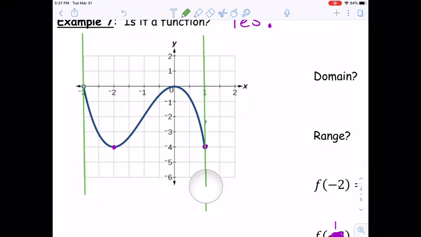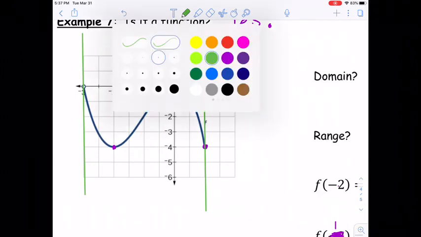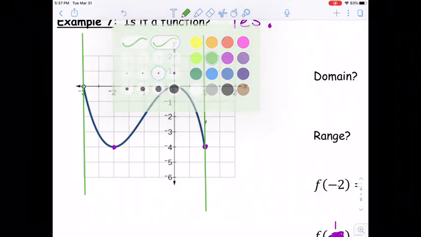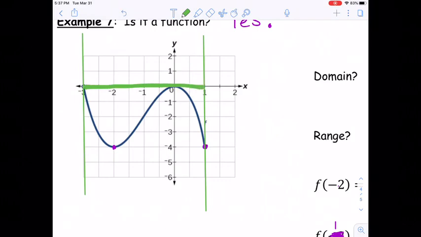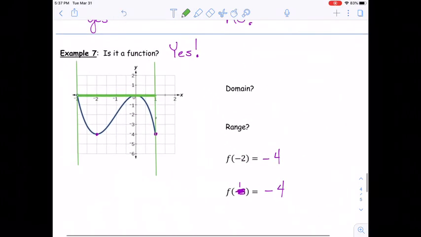If I look at the most left point, it's at that -3, but notice it's the open circle, so the -3 isn't actually included, but it comes as close as it can get without touching the -3. On the right side, it goes all the way over to the 1. So on the x-axis, I go from -3 to 1, but I'm not including the -3.